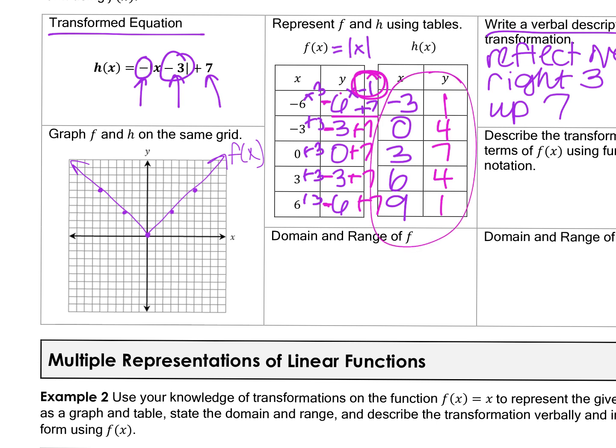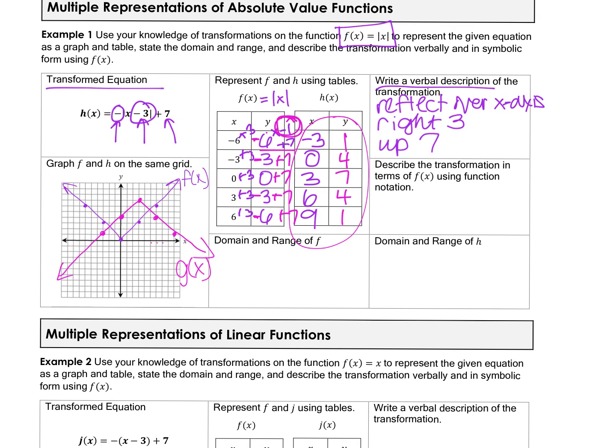So -3, 1. 0, 4, 3, 7, 6, 4, and 9, 1. So there's my function h.